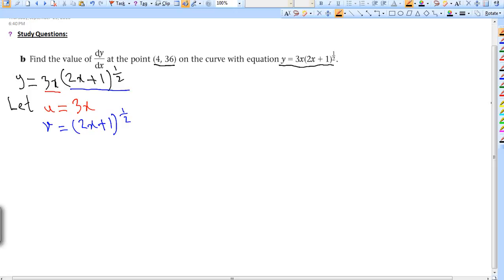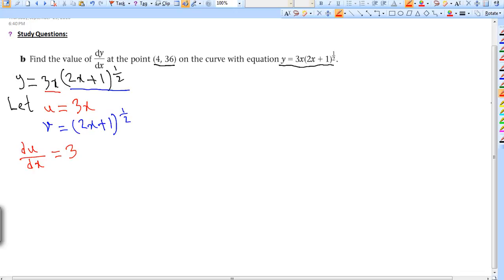So now what we're gonna do is differentiate u with respect to x. At first we differentiate u with respect to x, du by dx, which is 3. So first we have broken this expression into two parts.